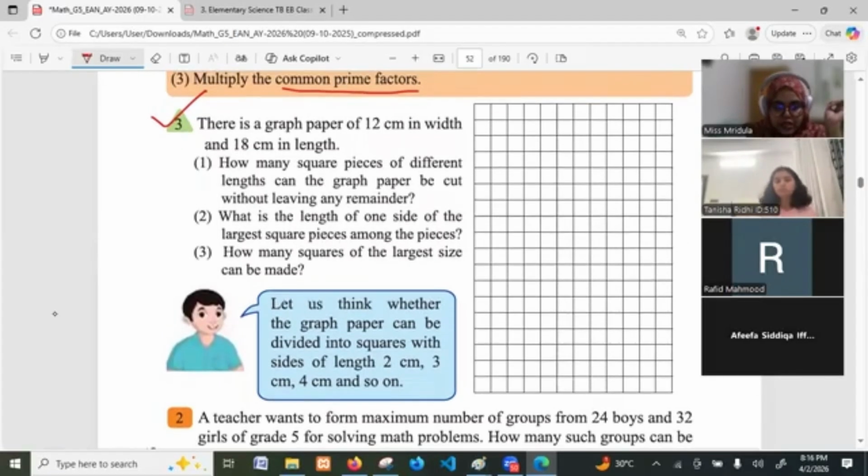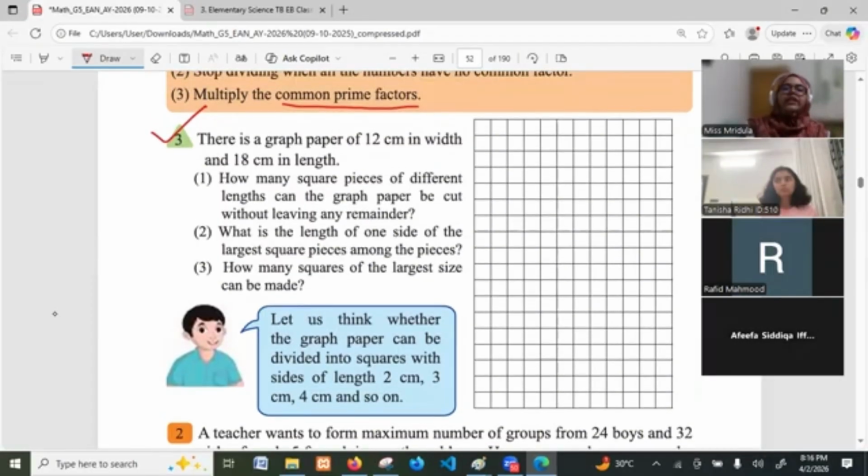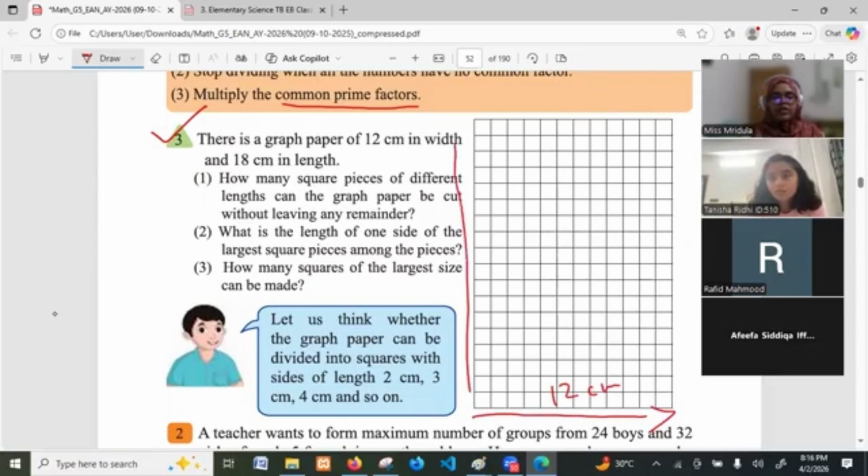So let us think whether the graph paper can be divided into squares with sides of length 2, 3, and 4. Basically they have given a graph paper where you can see a lot of squares, right? They're saying that in the length way we have 12 centimeter, and in the width way we have 18 centimeter.